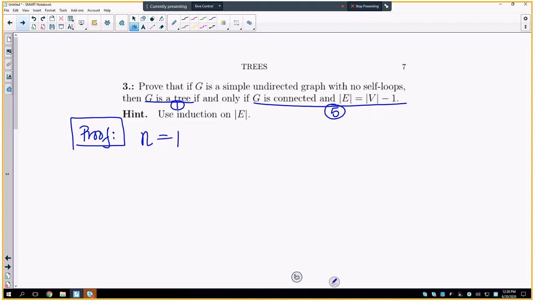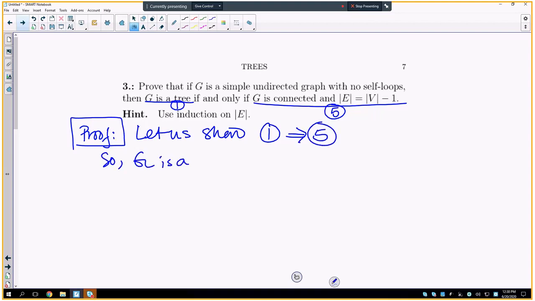And let me actually go back one step and say, let us show 1 implies 5. So I'm going to assume that G is a tree, and I'm going to show that G is connected.